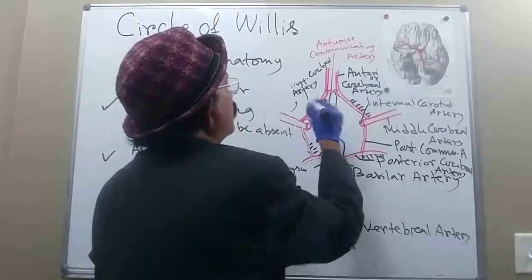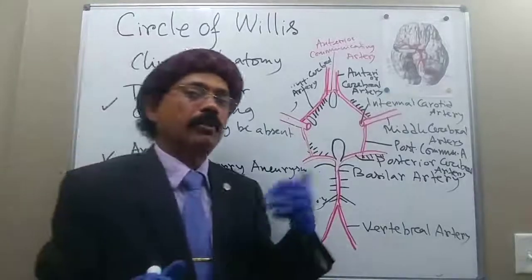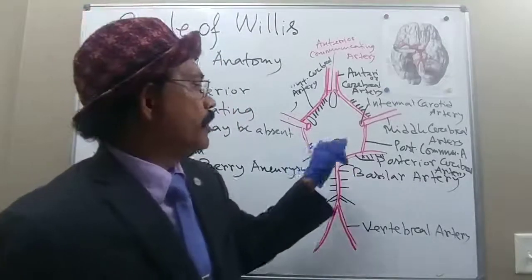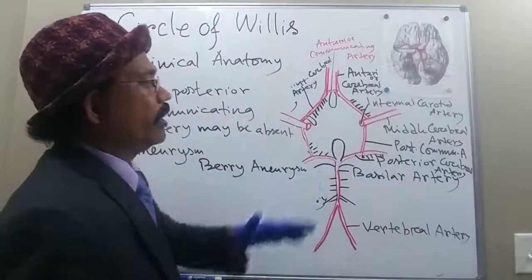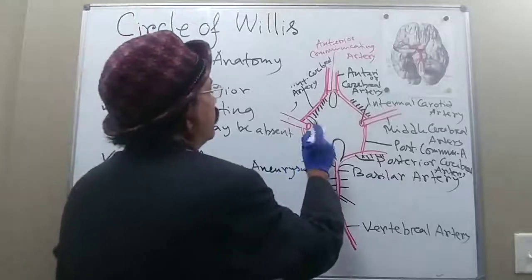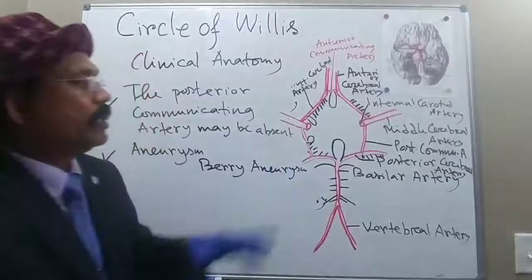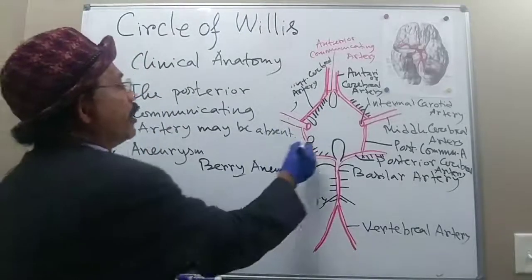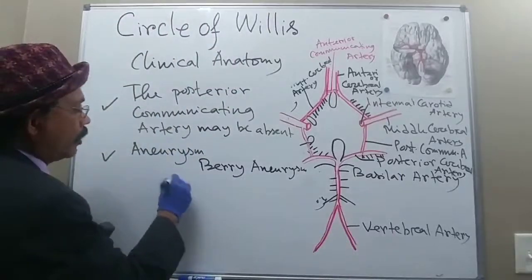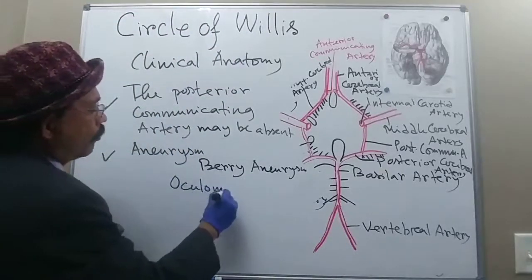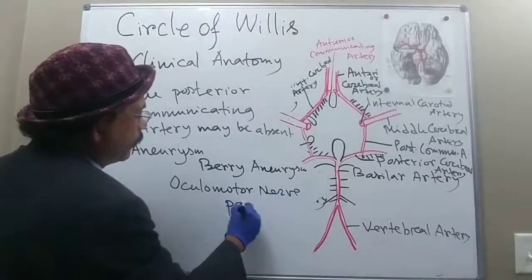So we may have an aneurysm here. What will happen in case of hypertension or any type of increased intracranial pressure? It may be damaged. If it is not damaged, there is still the possibility of some problem, because there is an aneurysm here, then it will involve the oculomotor nerve palsy.